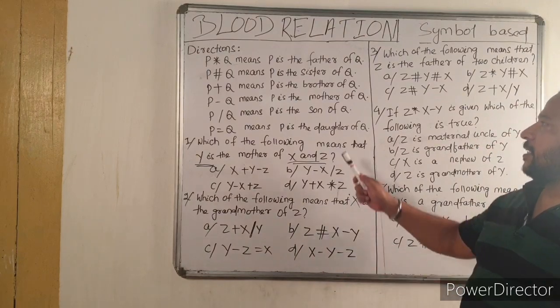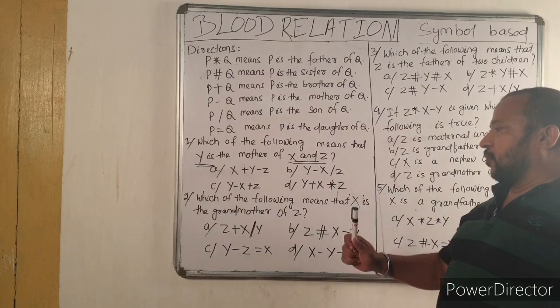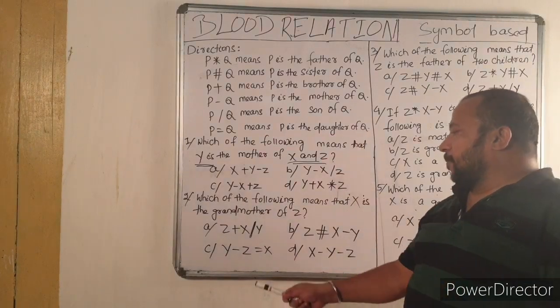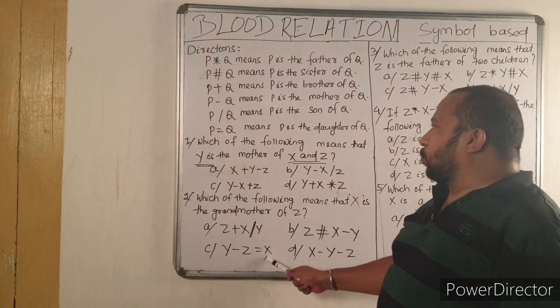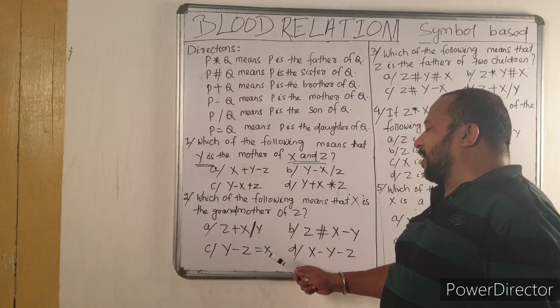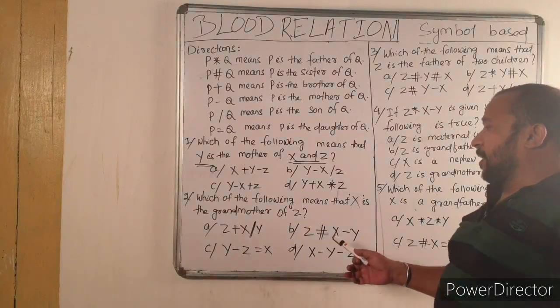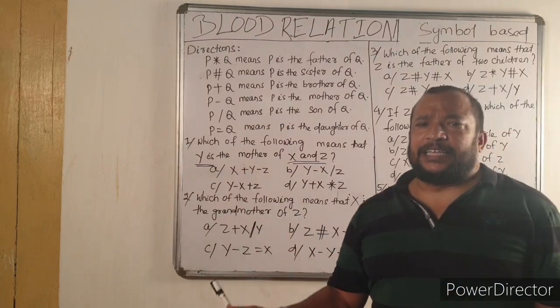Z has X. Has means sister. Z is the sister of X. This is also not the answer. Now option C, Z equal to X. Equal to means daughter. Z is the daughter of X. So A, B and C are not the answer. Then obviously D is the answer.